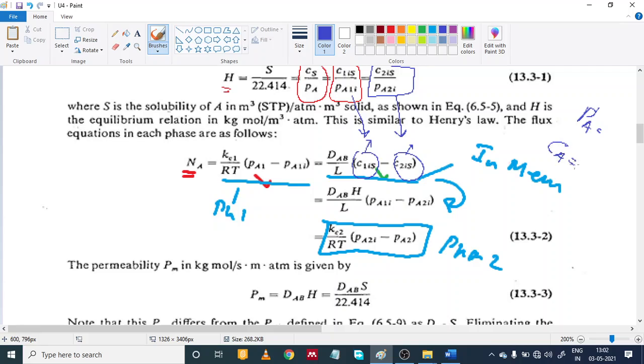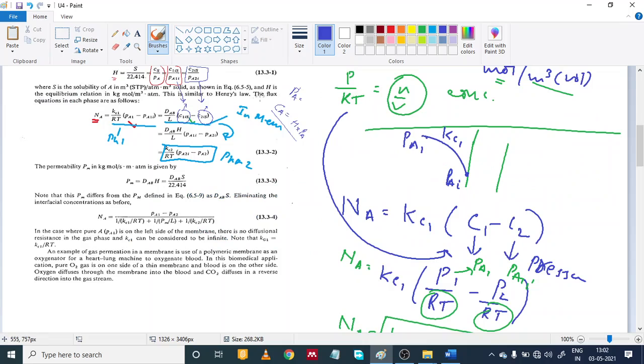Ca can be replaced by H into Pa. This is the formula, H into Pa. The same thing is happening here, and we have replaced it by H into Pa. So H is taken as common and Pa is taken as the difference. So this is about the Na value.